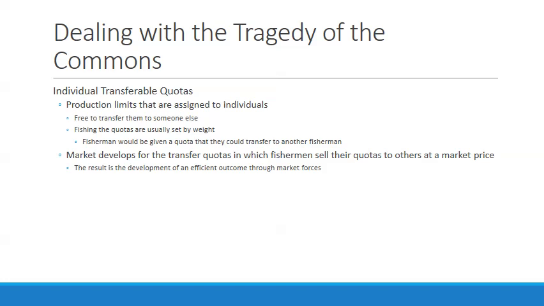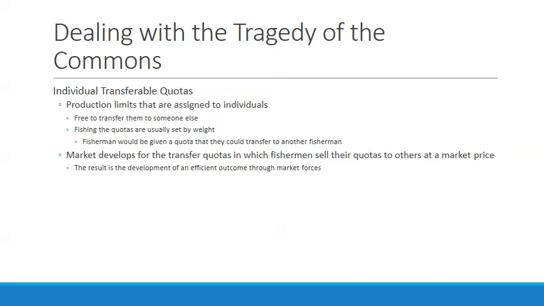So for example, if you're the fisherman and it's December and you want to catch triple your amount, then you would have to purchase quotas from someone within the market. And of course, the price of the quotas sets the demand. So we see a regular type of efficient market within the market for the quotas themselves.